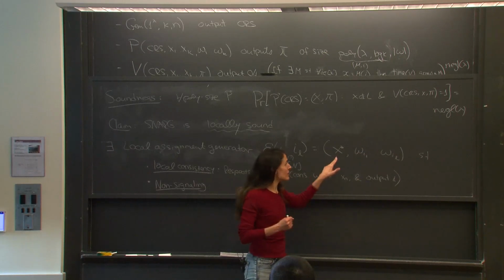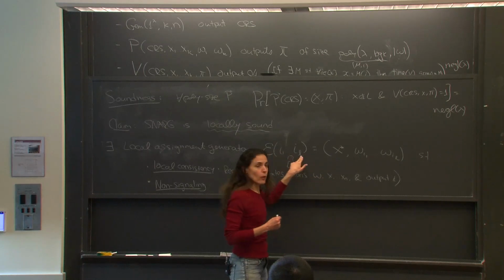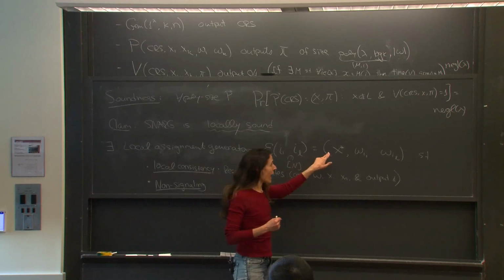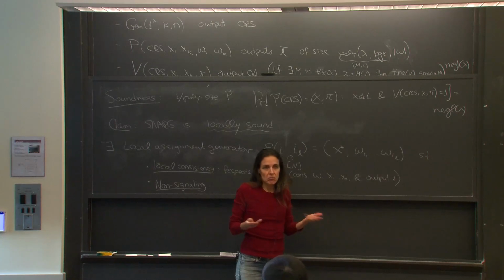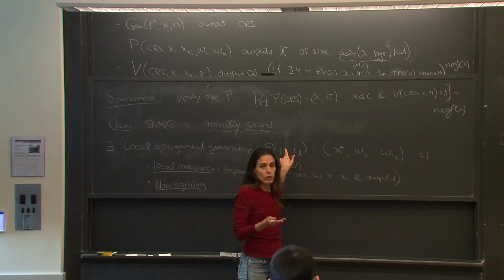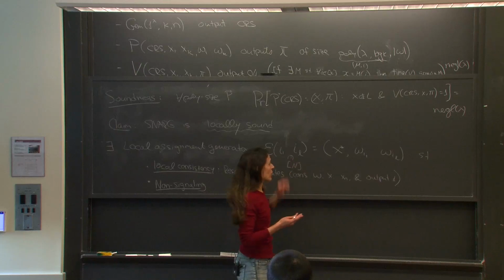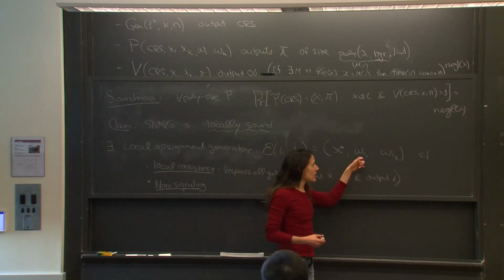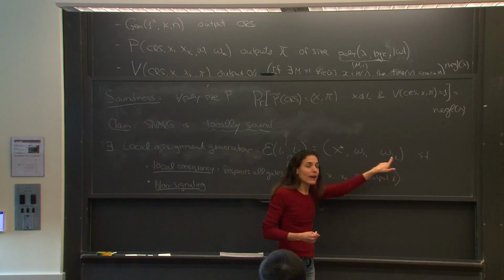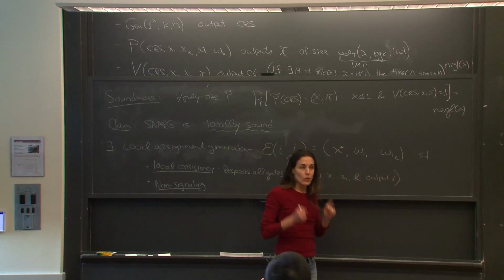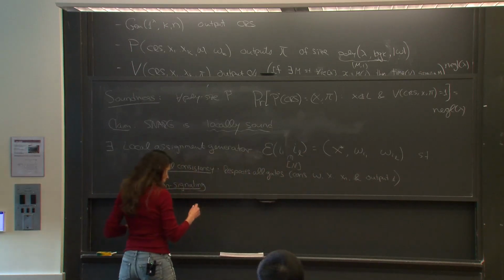The claim is the distribution of X star, for example, doesn't depend on I1 up to IL. So the distribution of X star computationally looks the same, no matter which wires you give. Moreover, the distribution of WI1 doesn't depend on I2 up to IL. So let me say this formally.